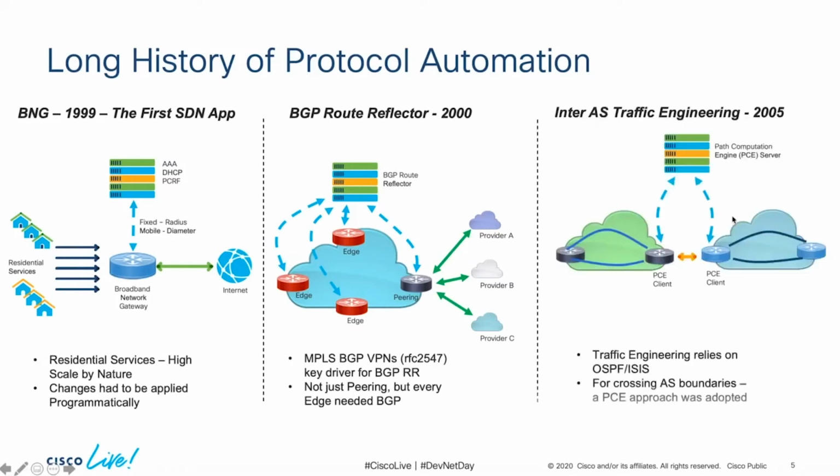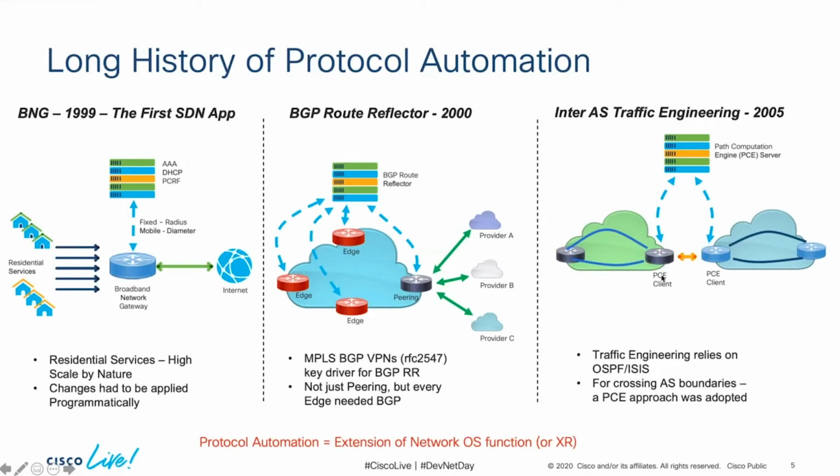Last but not least was the problem of inter-AS traffic engineering. Remember, traffic engineering is all about spreading bandwidth across. So when you had to go across the ASs, the information could not traverse because all of your state information was being handled by ISIS or OSPF, you needed something like PCE.